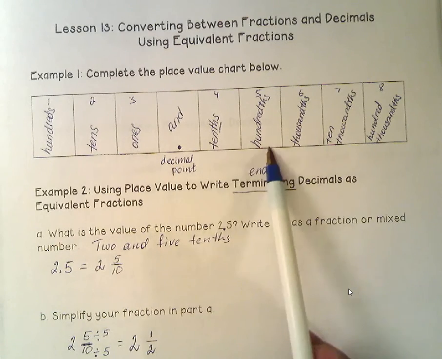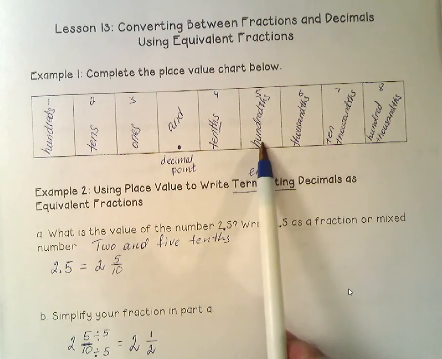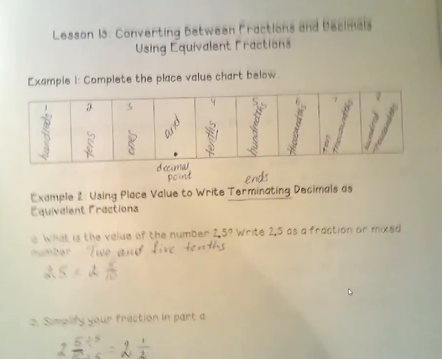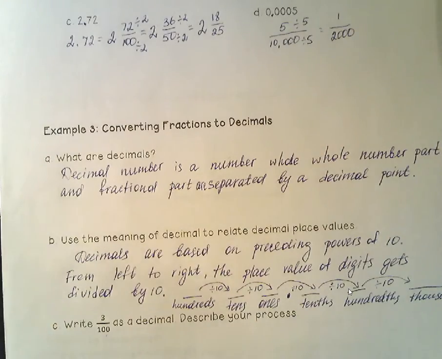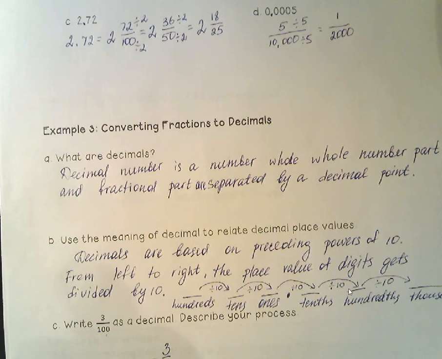So 1, 2, hundredths is the second space. So 3 has to be in the second place after the decimal point. Then we have to have the first place, and then the decimal point.